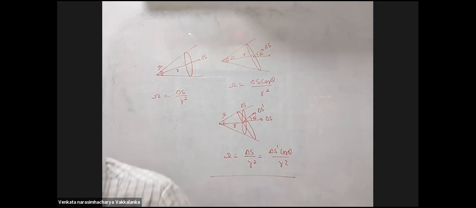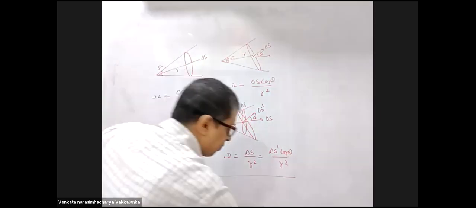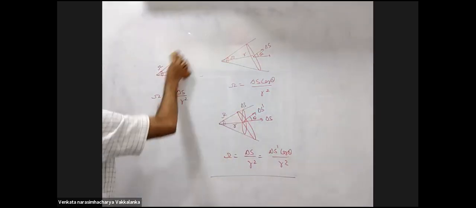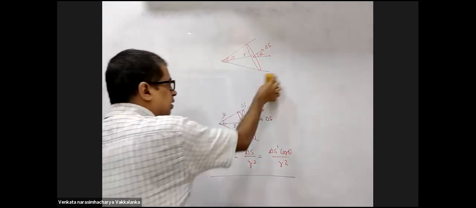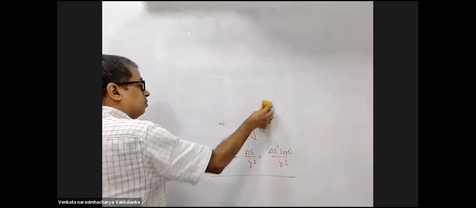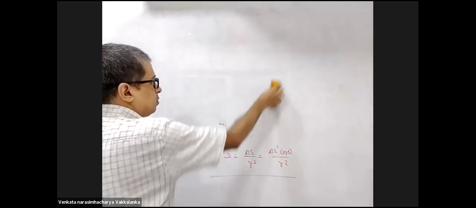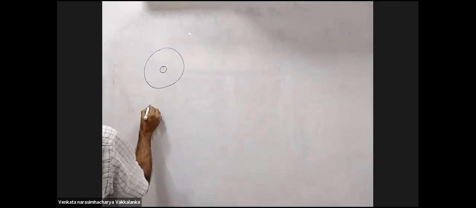Now, are you able to visualize the solid angle? Yes, sir. Now we take this one more step ahead. Suppose I consider a spherical surface with the point at the center.